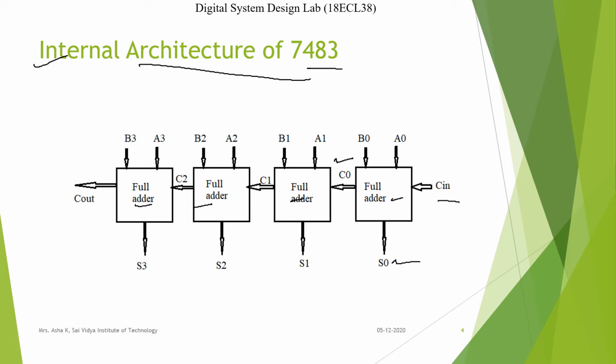The second full adder produces the output sum S1 and C1 with the help of the inputs A1 and B1 along with the cascaded previous carry C0. Similarly, for full adder 3, A2 and B2 are the inputs, the sum is S2 and the carry out is C2. The carry out of the third full adder is connected to the fourth full adder along with the inputs A3 and B3, which produces the output S3 and C out. So this is called the internal architecture of 7483.